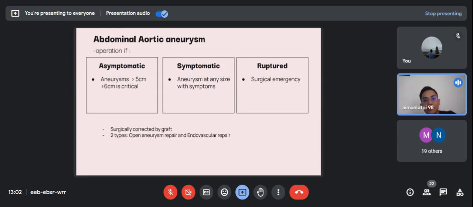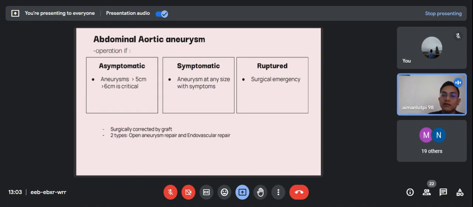So we do operation or surgically corrected by graft, which can be by 2 types, open aneurysm repair or endovascular repair. Because even if patient is asymptomatic, the dilation of the aneurysm itself can increase to 2 centimeter in a year.